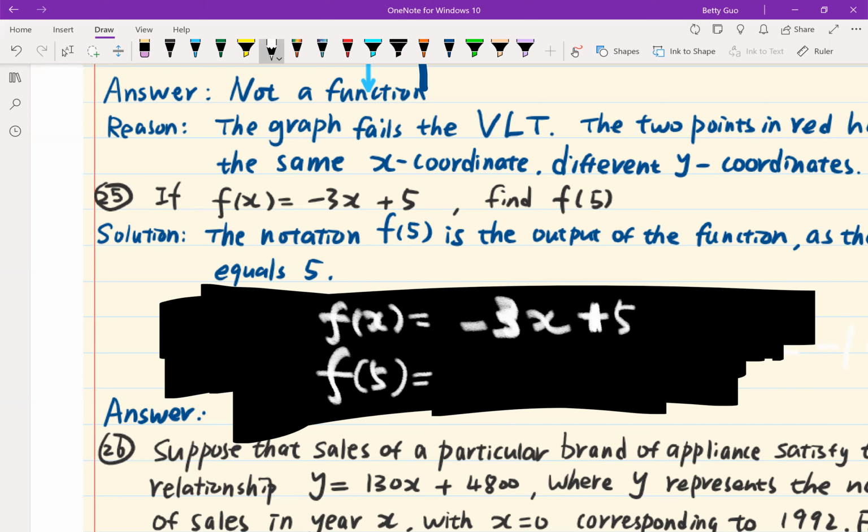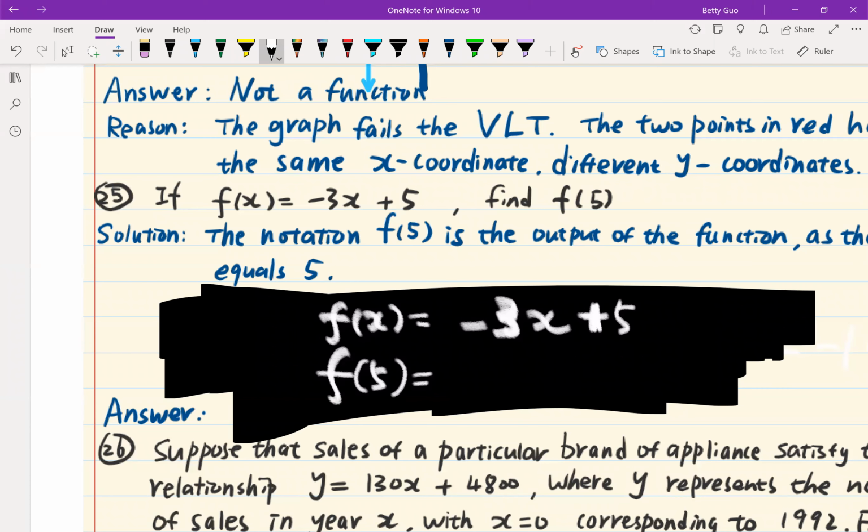F of x is the output of the function as the input is x. This function tells us the output is always equal to negative 3 times the input plus 5. F of 5 represents the output of the function, and the input is what?